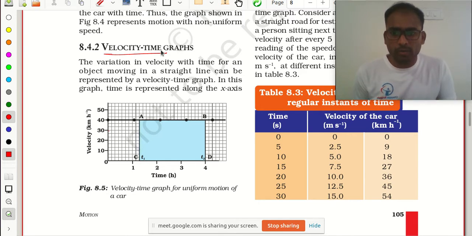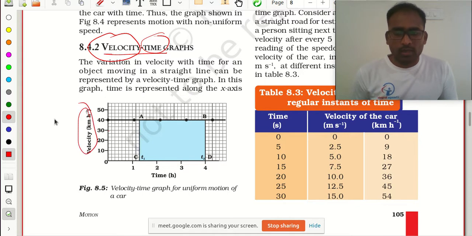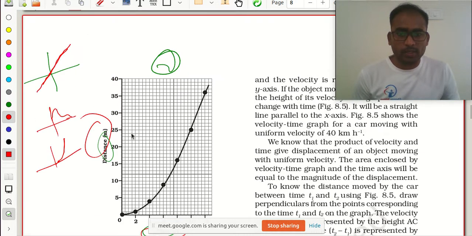Now we will learn how velocity varies with respect to time. Y-axis is velocity and x-axis is time. Time is in hours. Velocity, what is the unit of velocity?